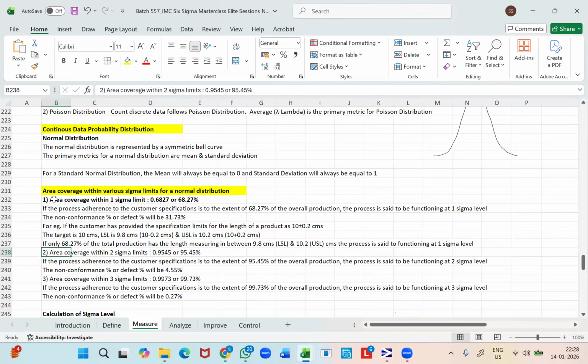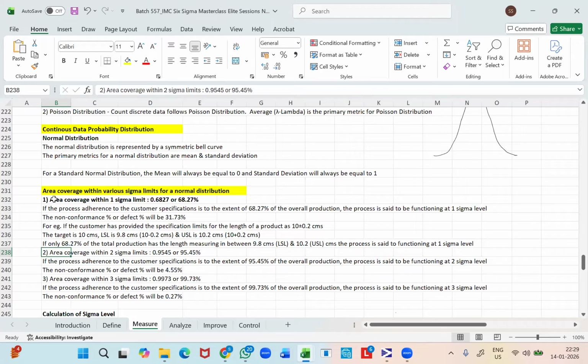Which one would be considered as a conforming unit? Only if the length measures anywhere between the LSL and the USL value, then the customer would be willing to accept that unit as a conforming unit. So if only 68.27% of the overall production has a length measuring anywhere between the LSL and USL values, then the process is said to be functioning at just 1 sigma level, meaning 31.73% of the total production may have a length less than the LSL value or greater than the USL value.